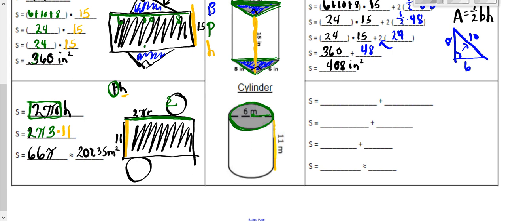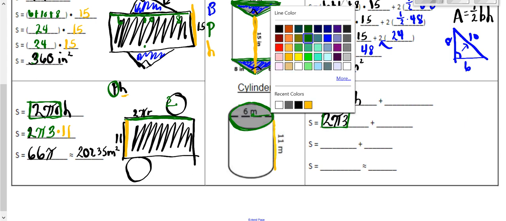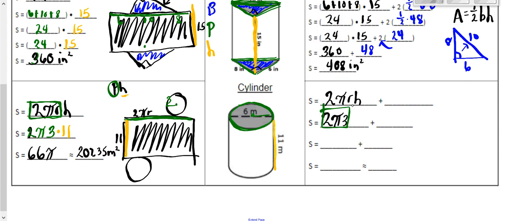Okay, so now we found that middle section. My lateral surface area, 2 pi RH. Again, we took 2 pi 3 to find my circumference. And then we multiplied my circumference by my height of 11.